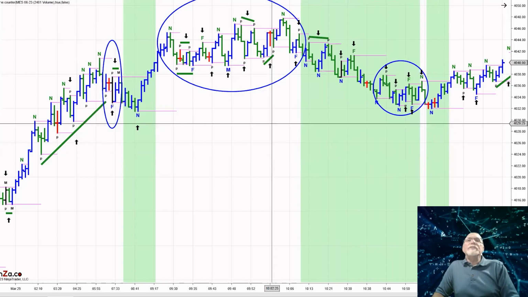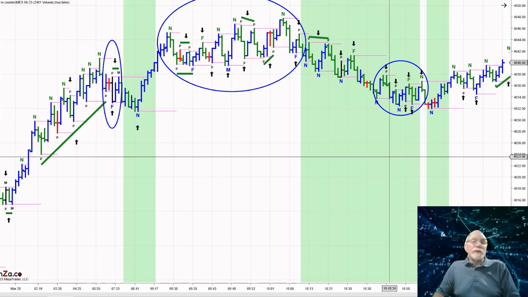So the combination between the background color changes is really simple. One color's up, one color's down. The bars themselves, bars making new highs are one color, bars making new lows are another color. Bars that are transitional bars, where the open and close are the same, are another color. The labels themselves, I mean, you're literally reading the chart based off of the natural information on the chart.